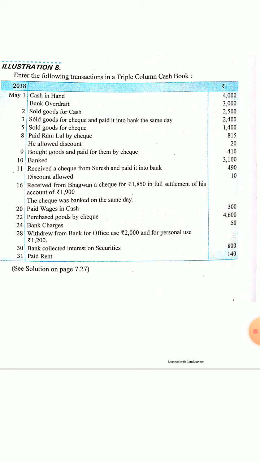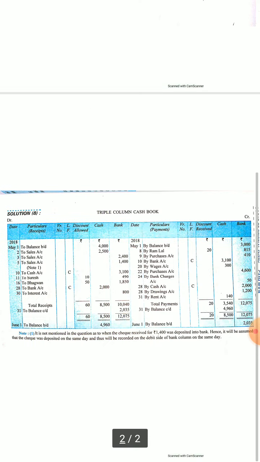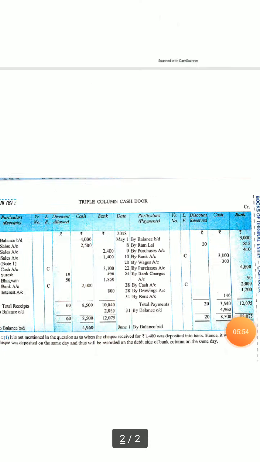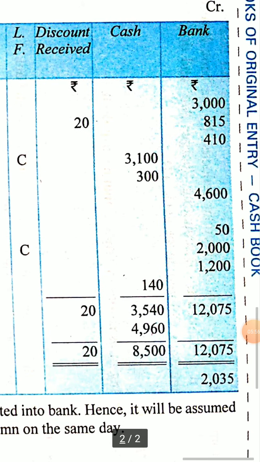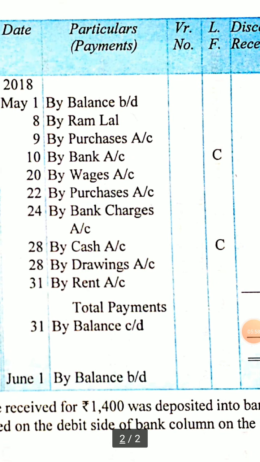Bank will be credited by 3200, but the debit amount will be, one will be drawing and other will be cash. So cash account debit 2000, drawing account debit 1200, to bank 3200. So see, bank has been credited by 3200, one by cash and one by drawing.